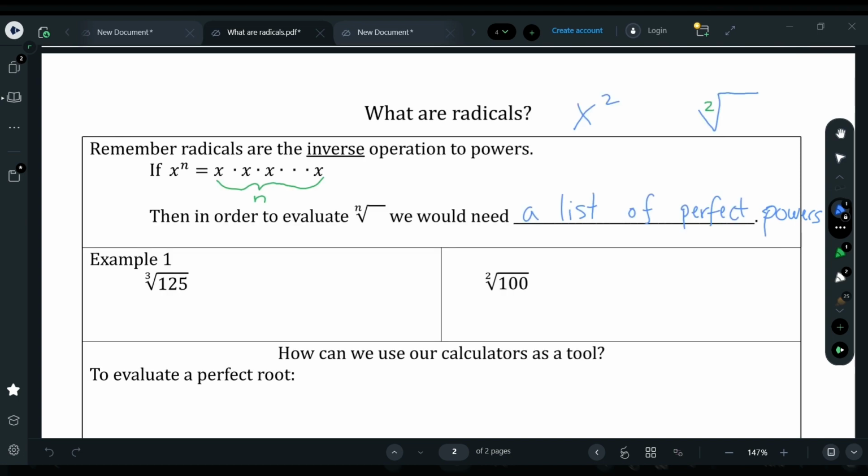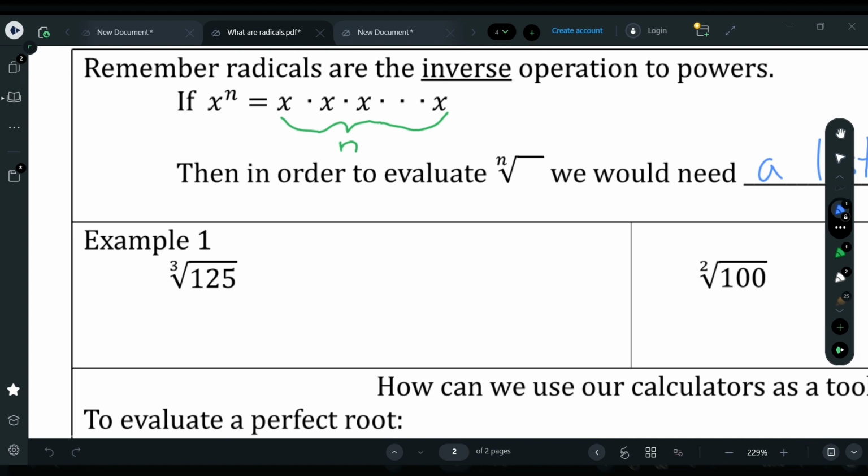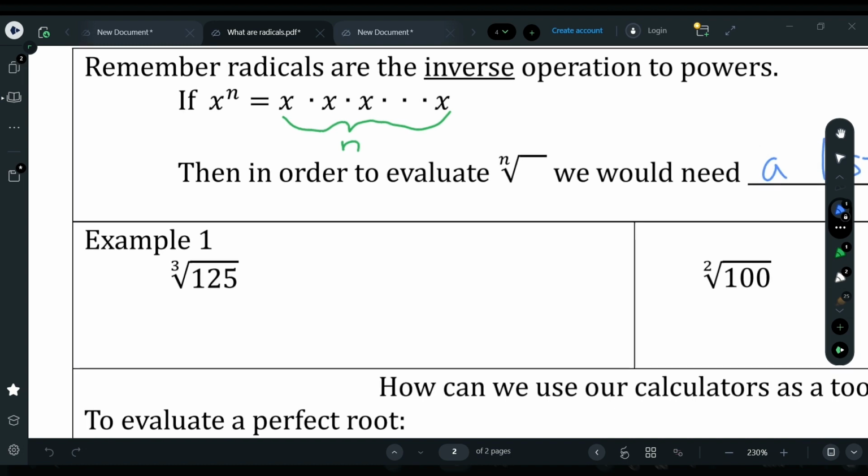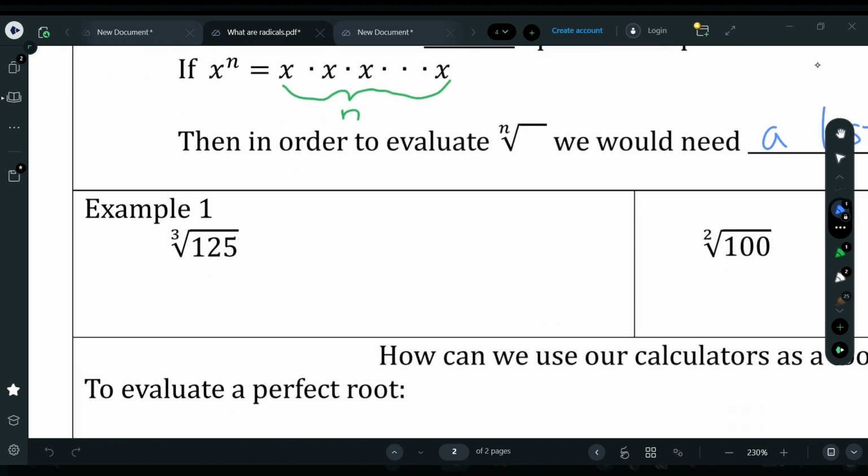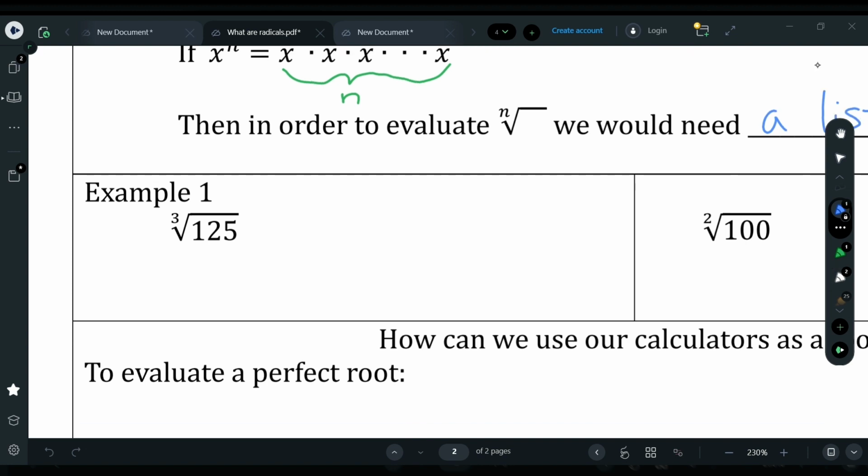All right, so here's an example. Let's do example number 1. What we have here is the cube root of 125. So the number that we're looking for here, we've got to figure out what this is, and that's going to be the exact same number that works here.